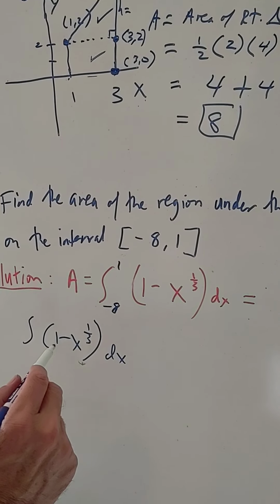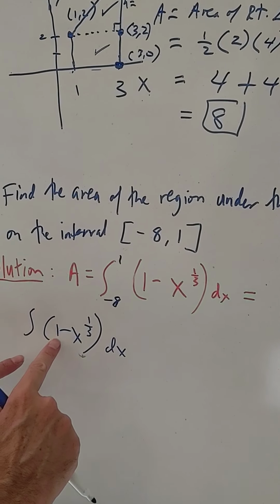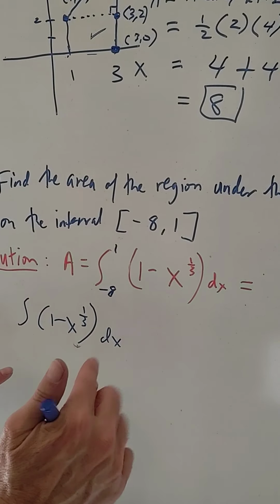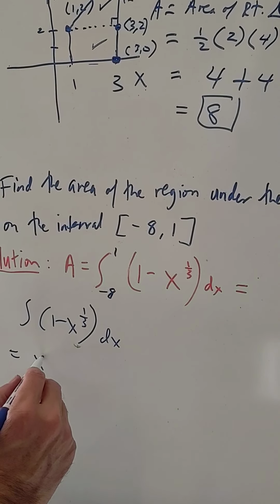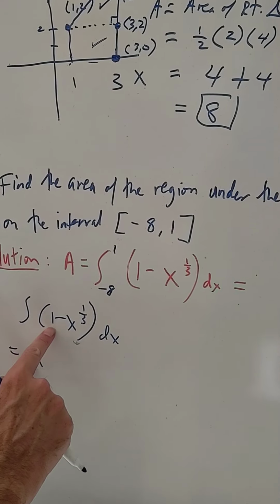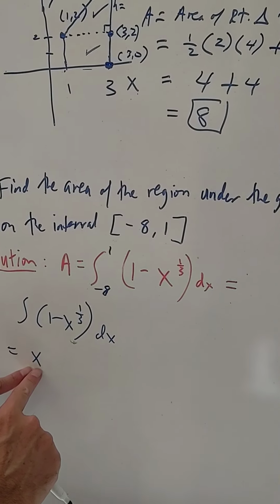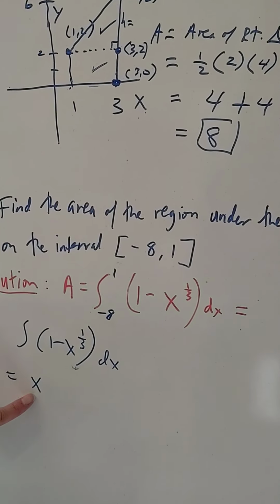So the integral of a difference is the difference of the integrals. So this is like saying the integral of 1 dx minus the integral of x to the 1/3 dx. Or more succinctly, what's the integral of 1 dx? It's just x. Because isn't the derivative of x back to 1? That's a good check. If you aren't sure if you did your integration right, take the derivative of your integral and you should get back to the original.